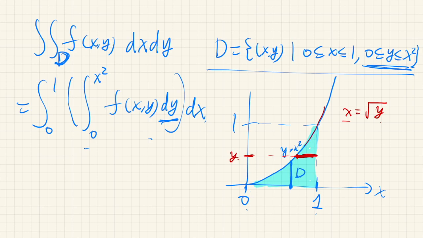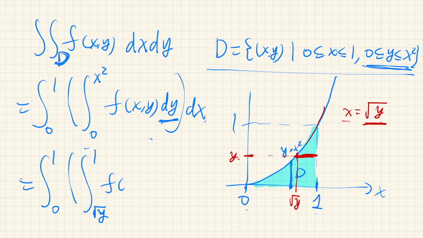So the value of x can vary from square root of y to 1. So alternatively, we can integrate this like this: from square root of y to 1, f of x and y, first integrate with respect to x, then integrate with respect to y. We should get the same result.